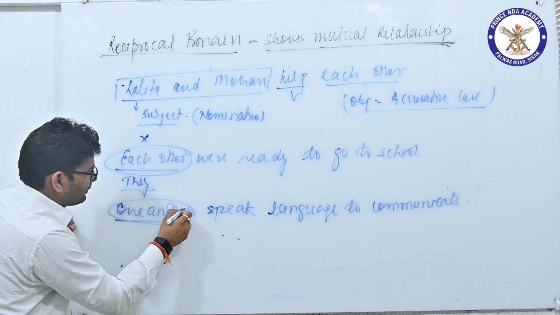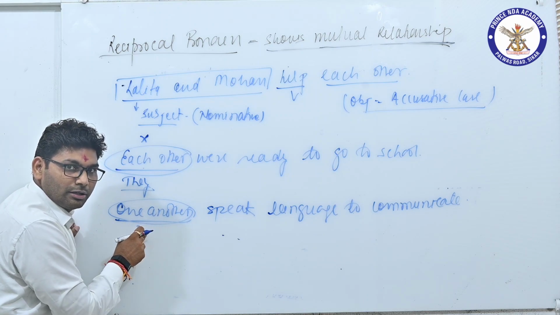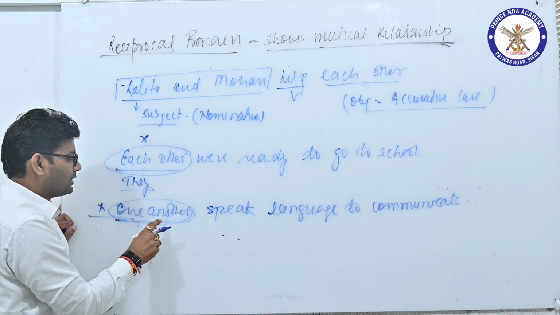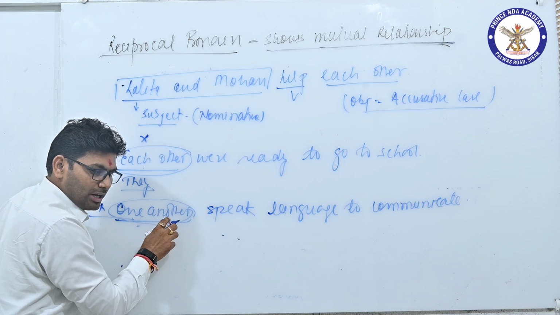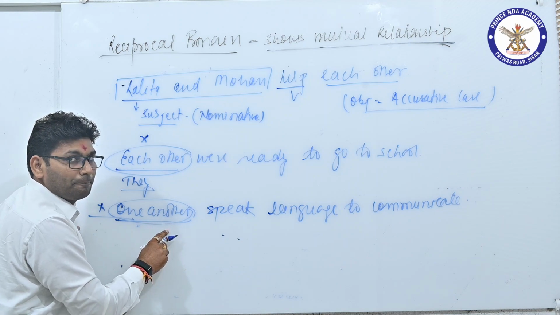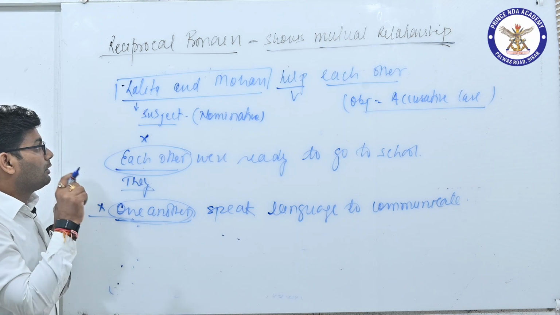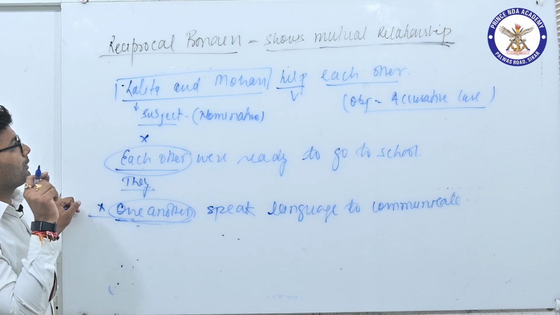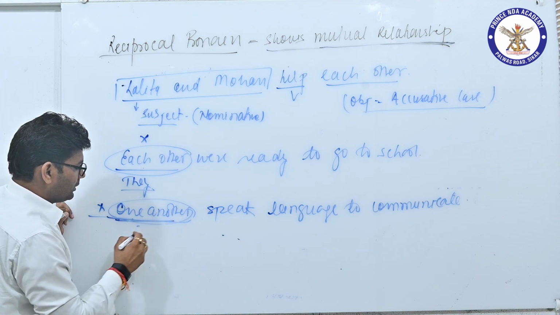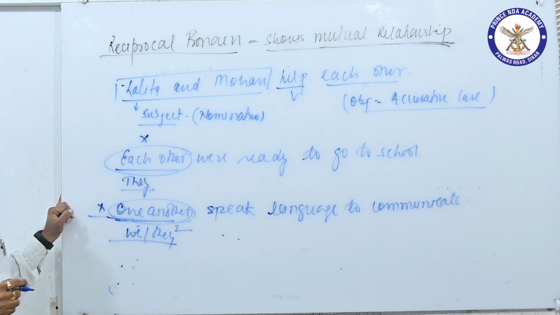Again, one another has been used here as nominative case, which means it is subjective, and one another cannot be used as subjective. So we have to cross it, and this sentence is wrong because one another has been used in a nominative case. Each other and one another cannot be used in nominative case, so remove one another, use we or they, so it will be a correct sentence.